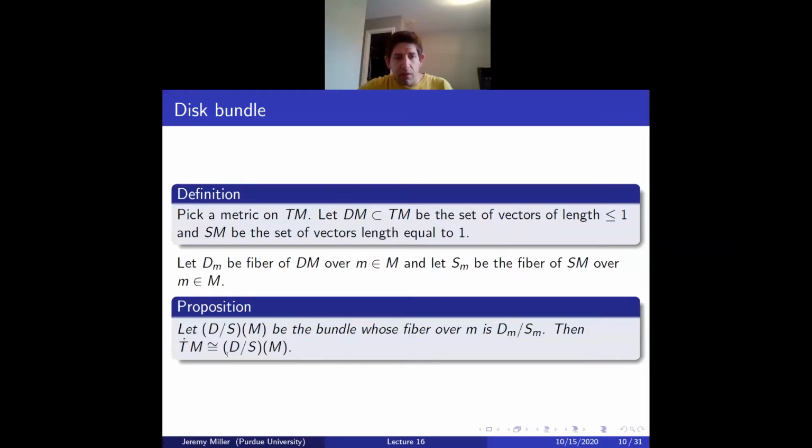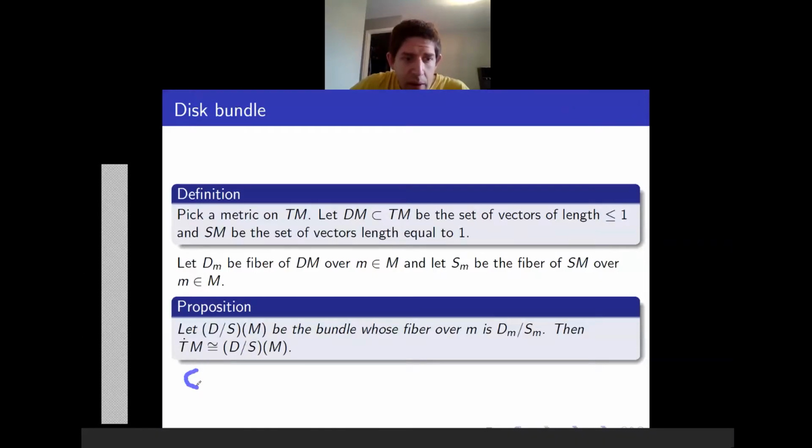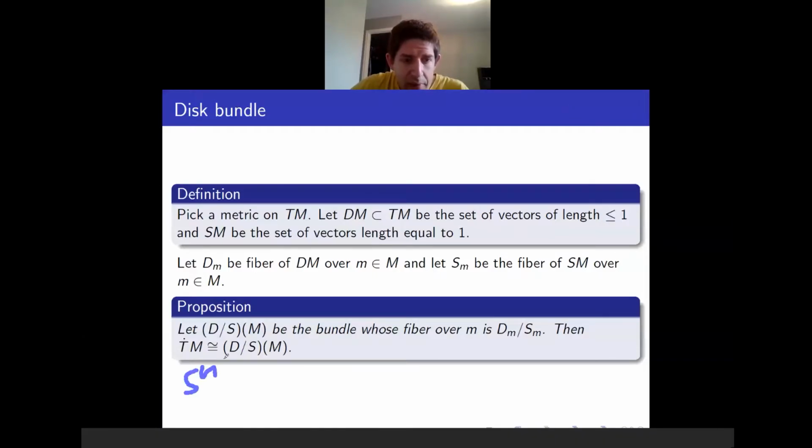And I'm saying that this is homeomorphic, or isomorphic, to the fiberwise one-point compactification of the tangent bundle. So here at every point you have an S^n, and here at every point you have a disk mod a sphere.